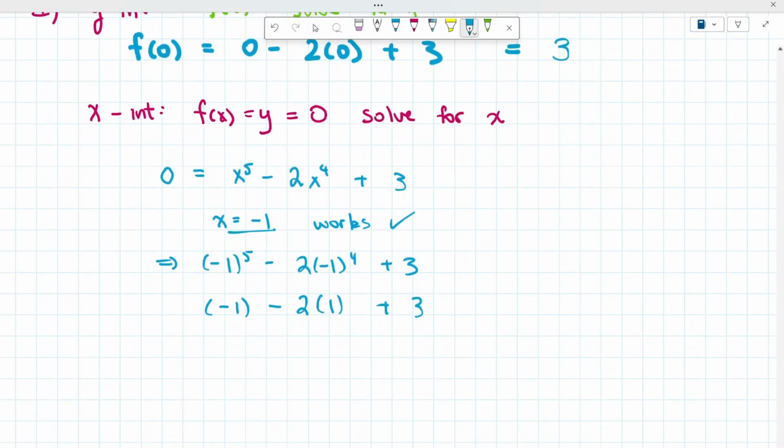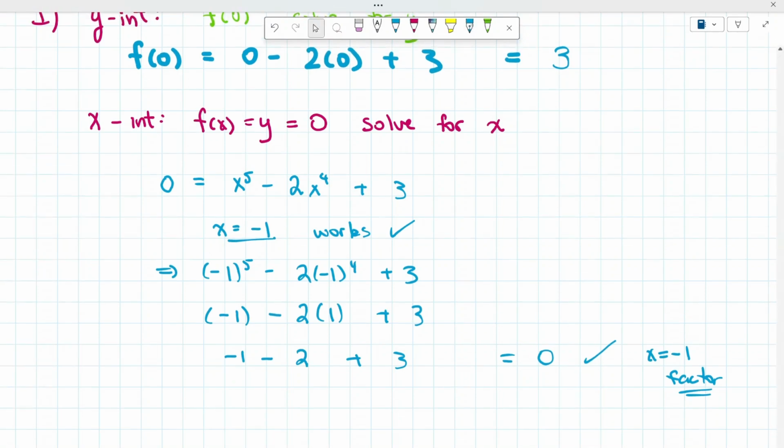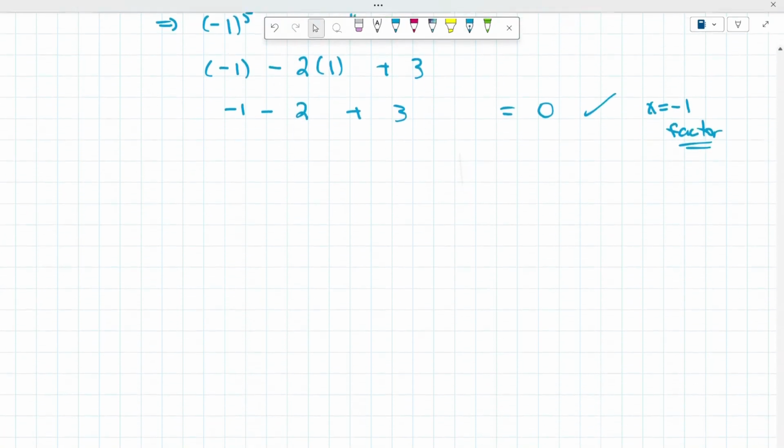So this equals -1 - 2 + 3, and hey, that equals 0. So that means that x = -1 is a factor. Okay, I'm going to tell you right now that that's the only real factor here. So that means that x = -1 is an intercept. Okay, so let's move on.